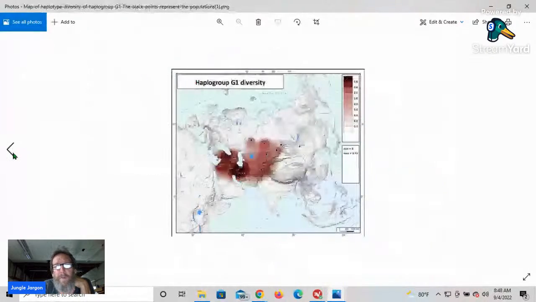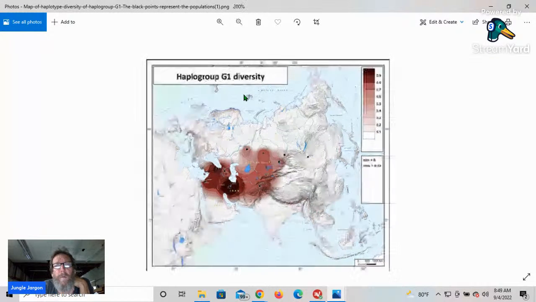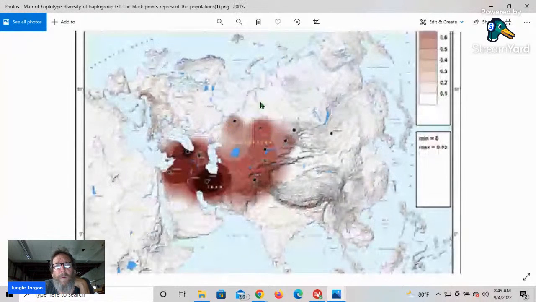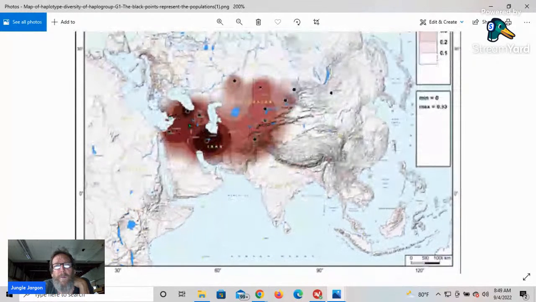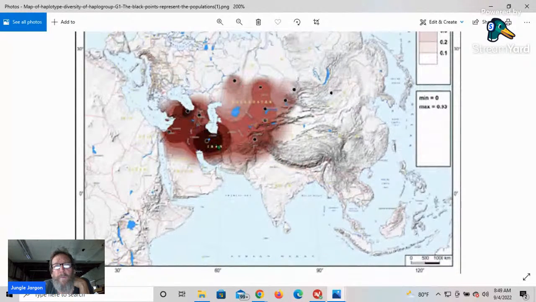This is Assyria, the area of Assyria, still there in the area of Assyria to this day. Still in the same area of Assyria to this day.